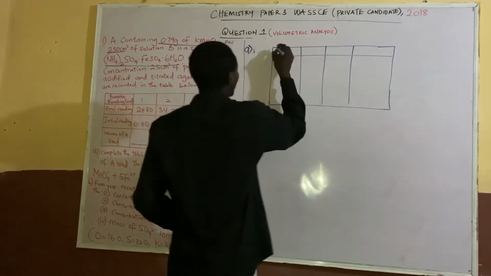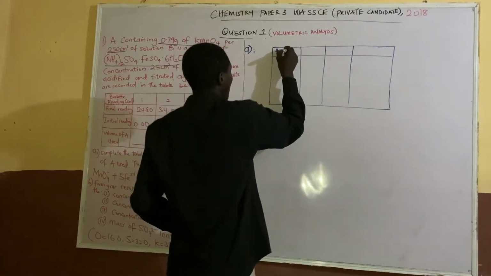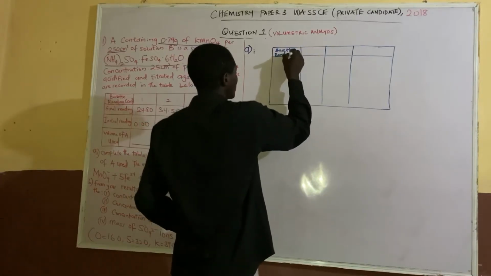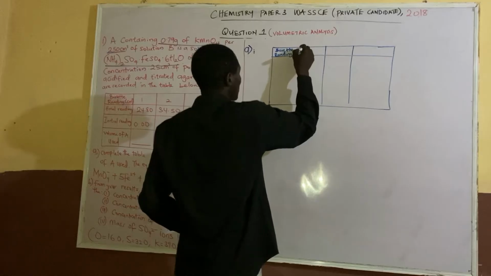The burette reading, the unit is centimeter cube.